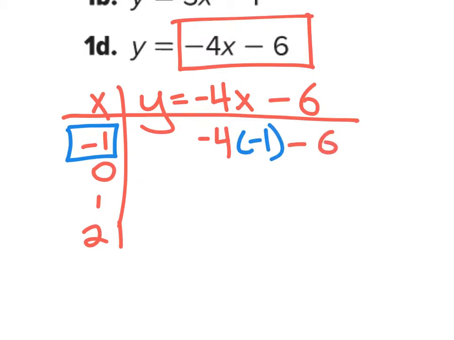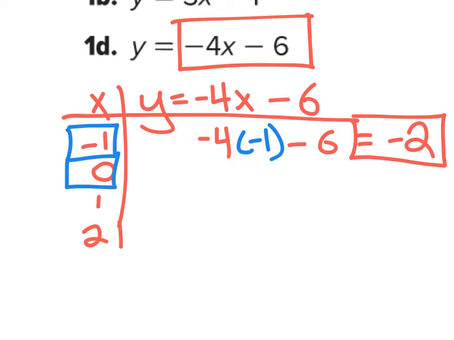So -4 times -1 is 4, and 4 minus 6 is -2. So when x is -1, y is -2. Okay, when x is 0, I'd have -4 times 0 minus 6. -4 times 0 is 0, minus 6 is just -6.